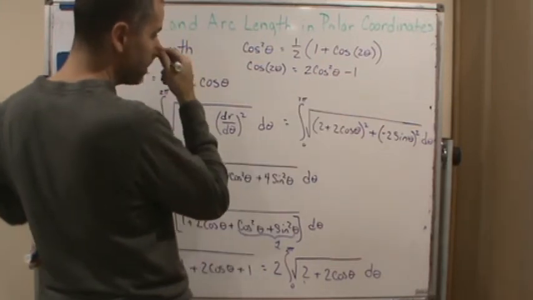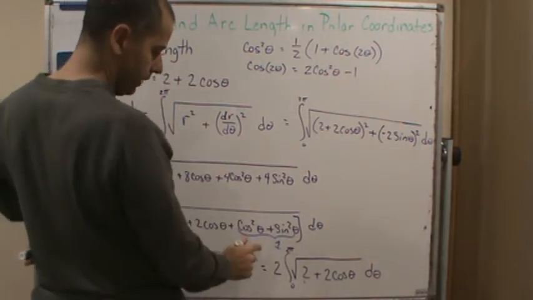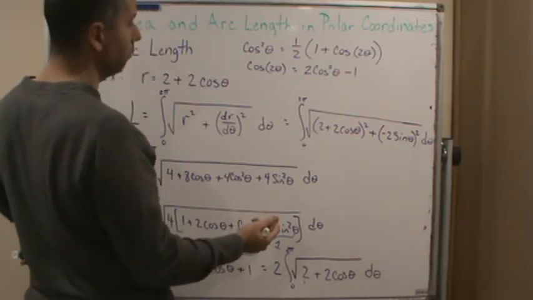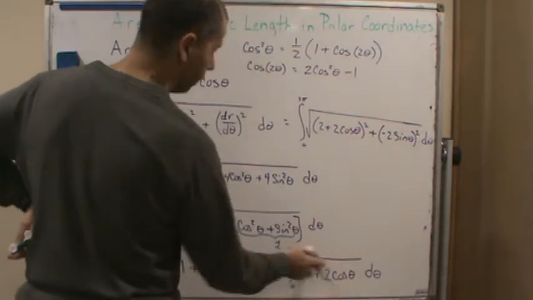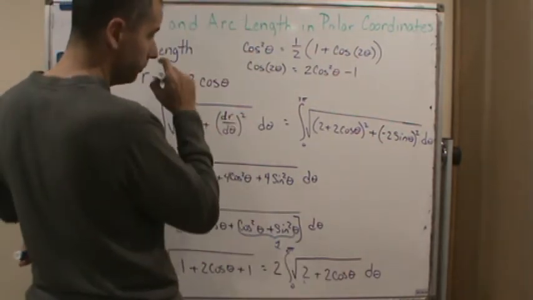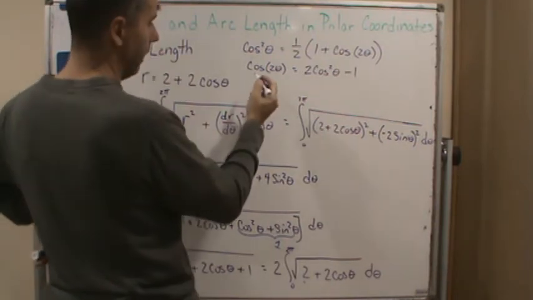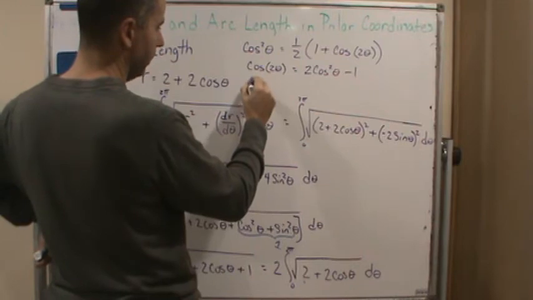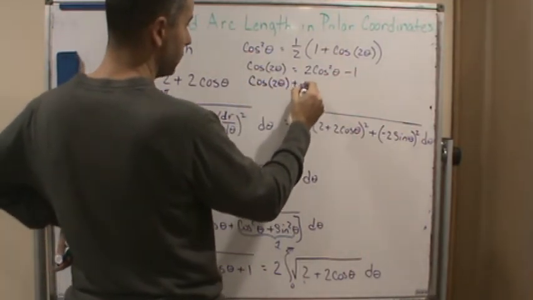So what happens if I add 1 to both sides and multiply by 2 to make it look like this? Well, let's do that. If I add 1 to both sides, I get cosine 2 theta plus 1.